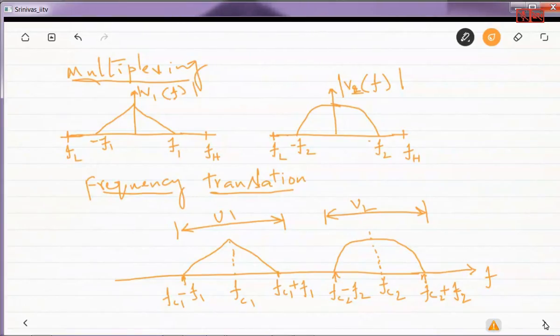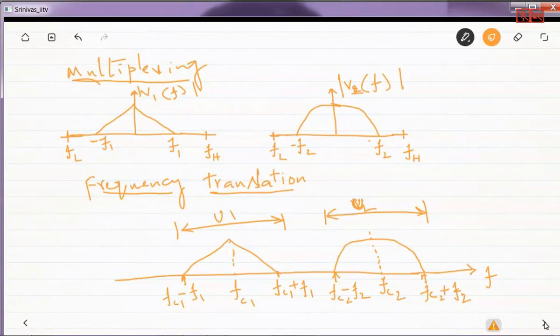So this is called frequency division multiplexing. You will be studying also time division multiplexing in your digital communications. Let me emphasize that this is called frequency division multiplexing because you are multiplexing different signals in the frequency domain. You are translating them to different domains and then multiplexing them.